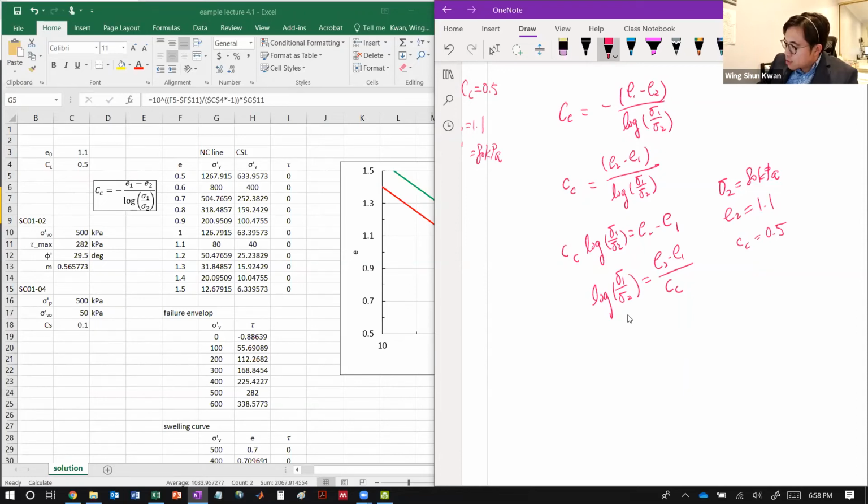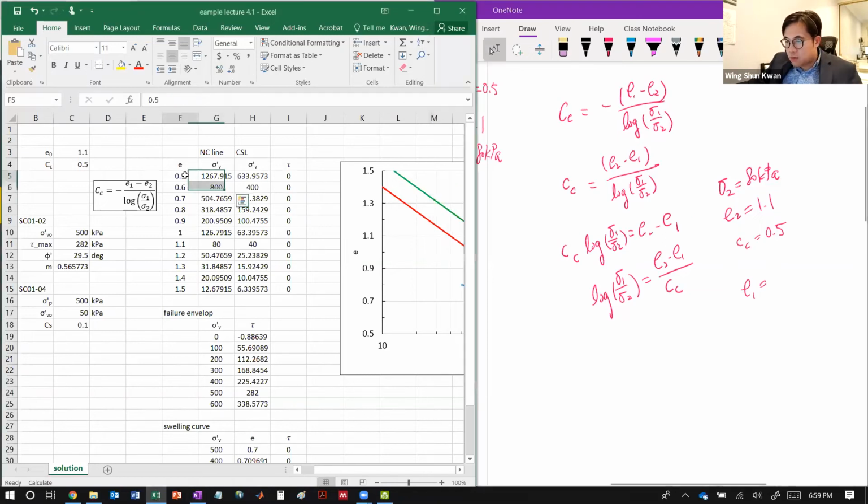We know sigma 2 is 80, e2 is 1.1, and we know e1. e1 is all the values that we just assigned, from 0.5 up to 1.5.